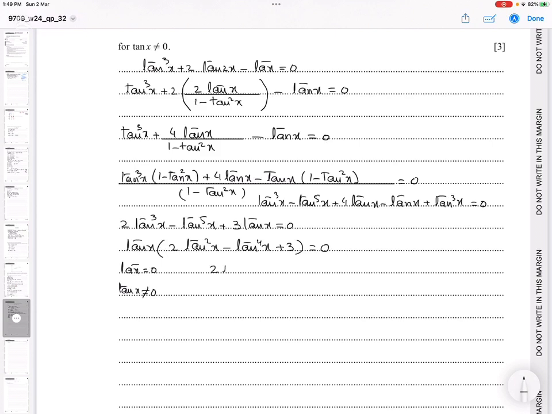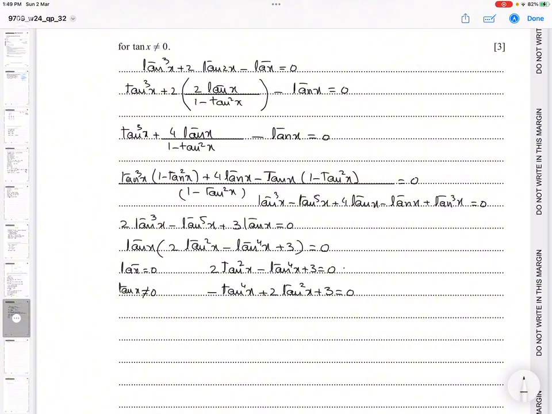The other factor is 2 tan square x minus tan 4x plus 3 equals 0. Arrange it according to the power of the polynomial: minus tan power 4 x plus 2 tan square x plus 3 equals 0.